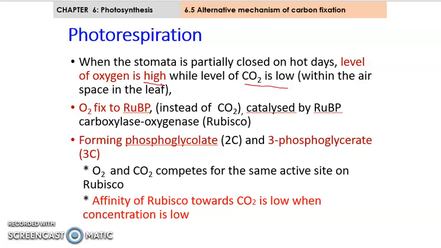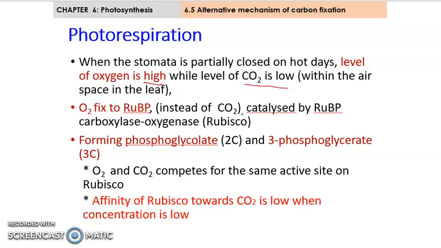That process is catalyzed by RuBP carboxylase oxygenase, or Rubisco. So what will happen? It will form phosphoglycolate, which is a 2 carbon molecule, and also 3-phosphoglycerate. Oxygen and carbon dioxide compete for the same active site on the Rubisco.